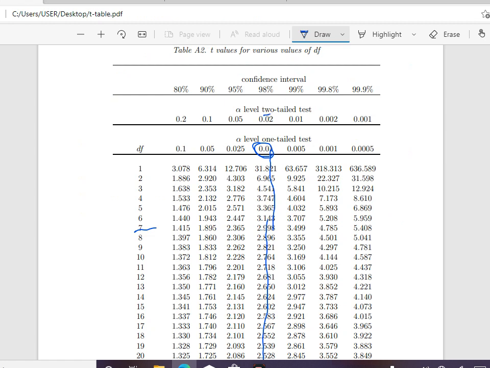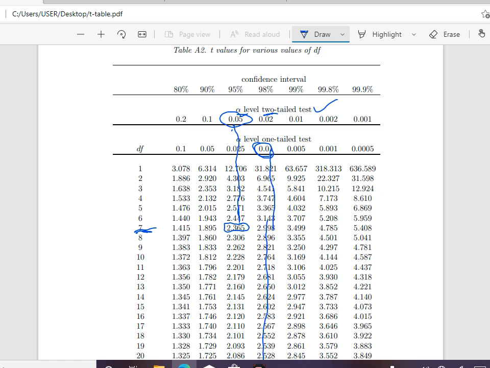So 0.05 is here at two tail. When you trace it downwards towards the degree of freedom of 7, you are going to get 2.365.